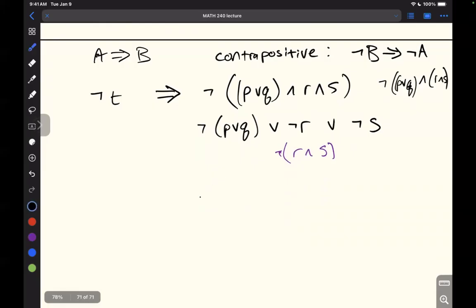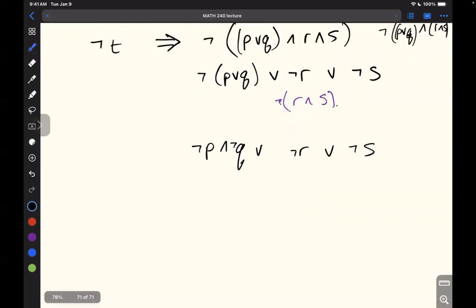And so this gives us not P and not Q. And then if we were to do this distribution, we'd have not R or not S, right? So if we have it in parentheses, that does get us there. If we don't have it in parentheses, we can just distribute it one step sooner.